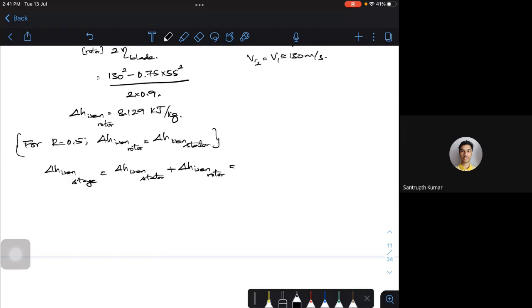So add 8.129 kilojoules plus 8.129, or 2 times it. If you add that, it will be 16.258 kilojoules per kg. This is your isentropic enthalpy drop of the stage.